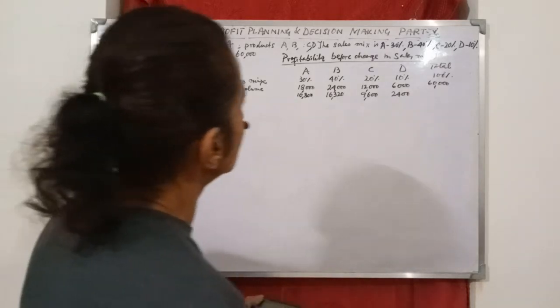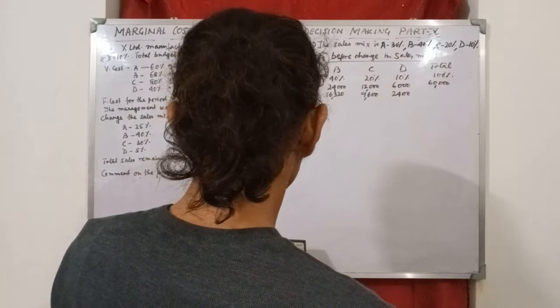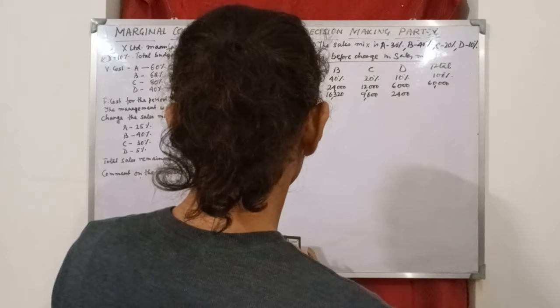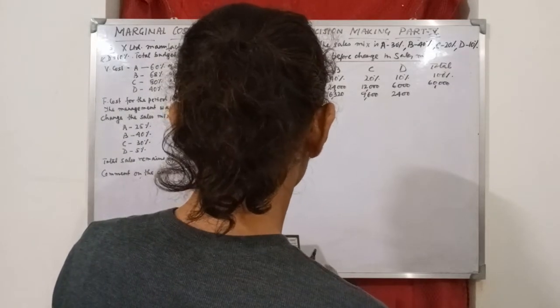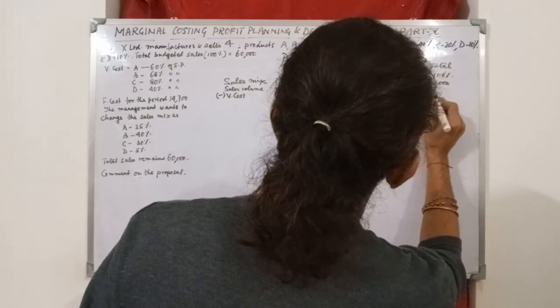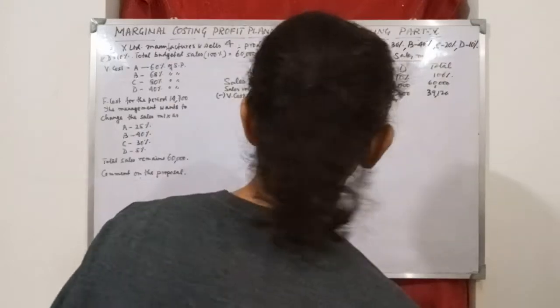So the total is 39,120. 39,120 is the total variable cost.